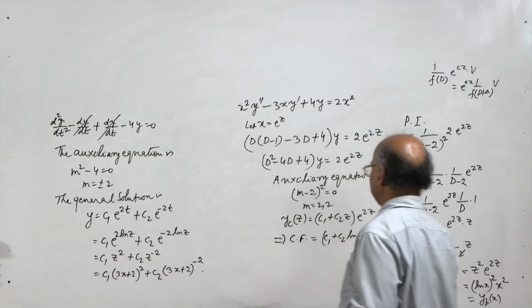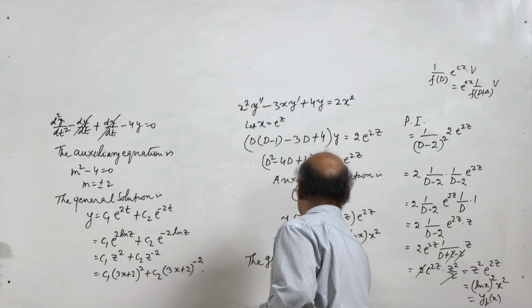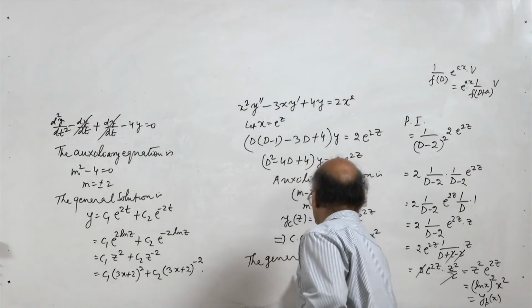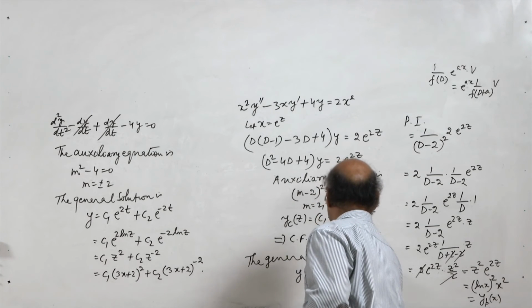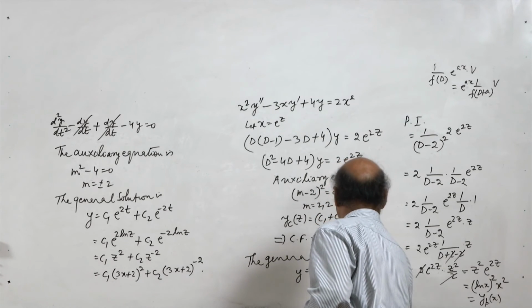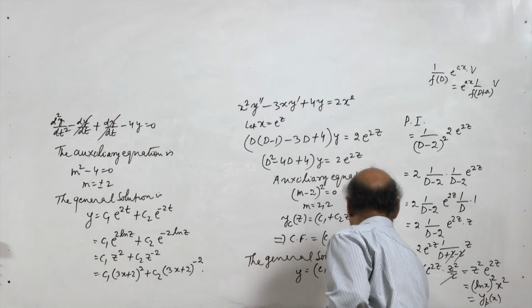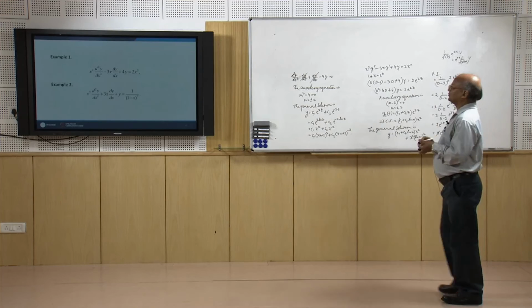So the general solution is y = (c1 + c2 ln x) x² + x² (ln x)². This is how we solve this equation.